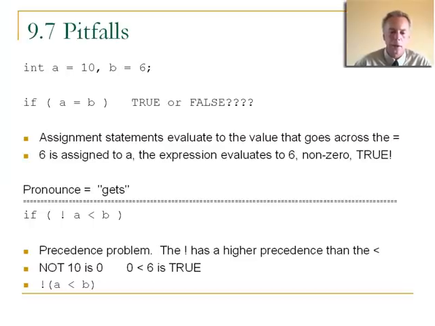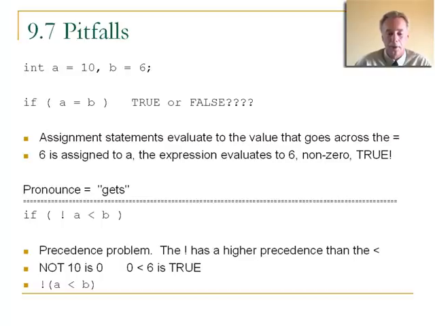So if you wanted to write if not A is less than B, and you write it the way it is here at the top, not A would happen first. If A has 10 in it, what is not 10? 10 is considered to be true. What is not true? False, which is 0.